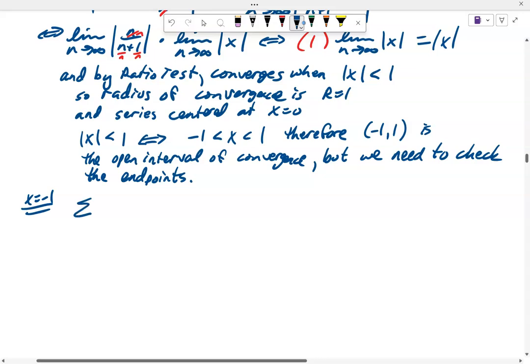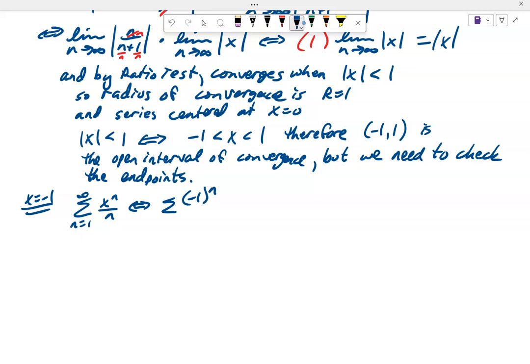So we have, this was x to the n over n, from n being 1 to infinity. So if x is -1, we have -1 to the n over n. And we can use the alternating series test. With the alternating series test, we're just looking at the non-alternating part. Does the limit as n goes to infinity of a_n equal 0?